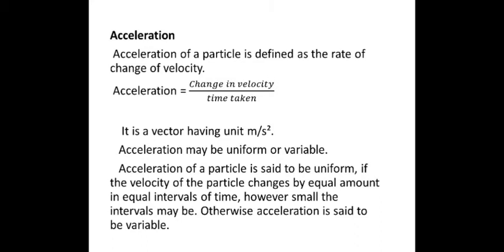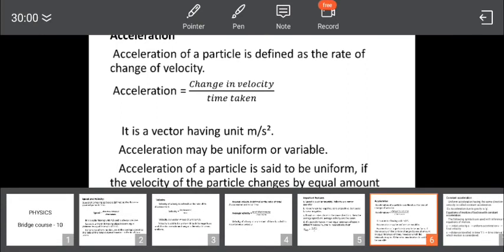Acceleration of a particle is said to be uniform if the changes in velocity are equal for equal time intervals. Otherwise, the acceleration is said to be variable, if the particle changes velocity by unequal amounts in unequal intervals of time.